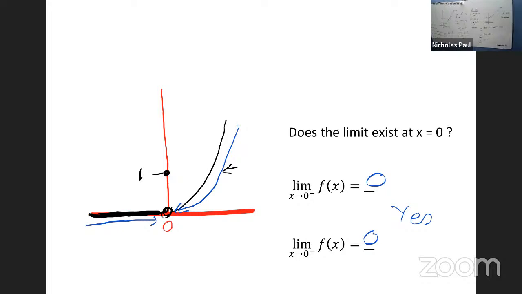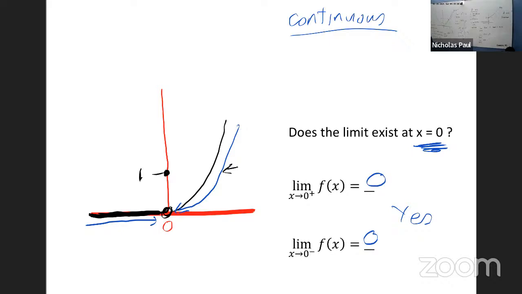Does the limit exist at x equals 0? So use back the rules I gave you. If you didn't write it down, it's still on the board, you can go back on the camera. My question is, is it continuous?